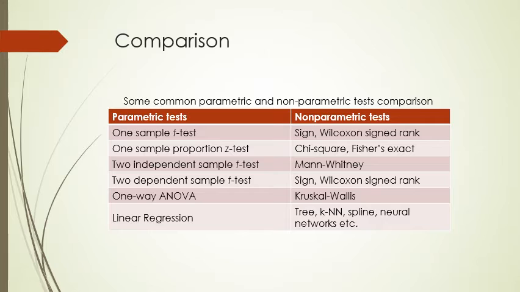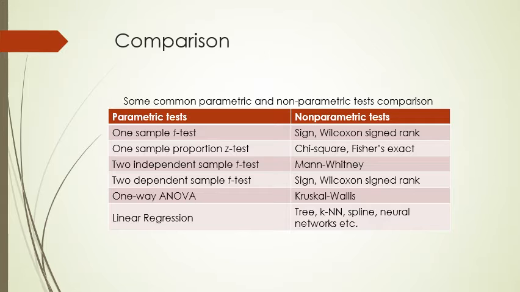The table below shows the non-parametric tests that may be used instead of their corresponding parametric tests. For example, we may use the sign test or Wilcoxon's signed rank test to find if the median is at the expected value or if there is a difference between the two paired samples.